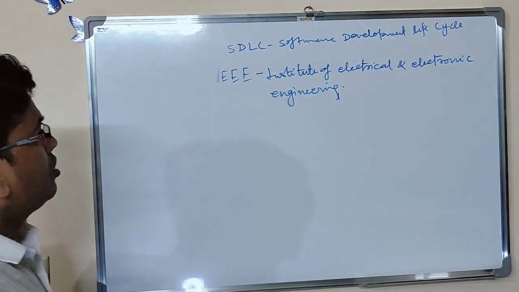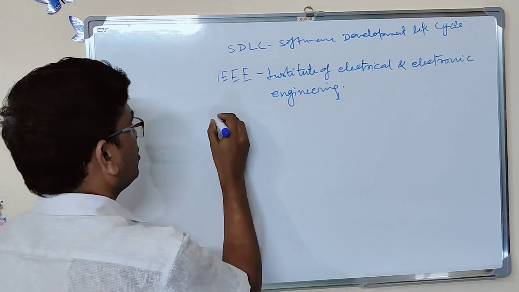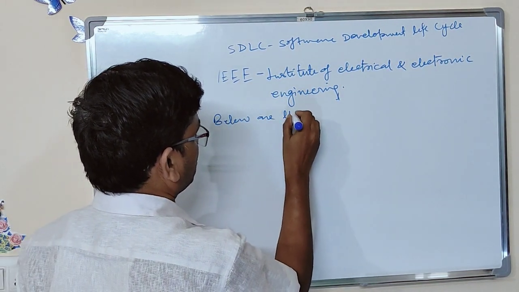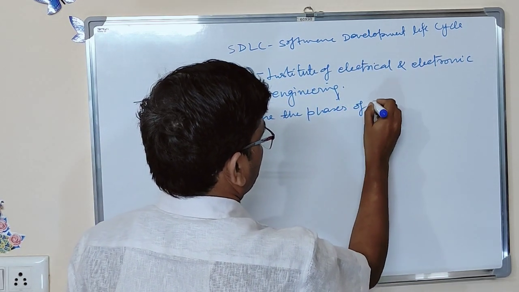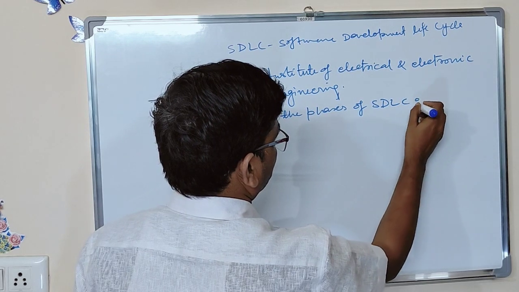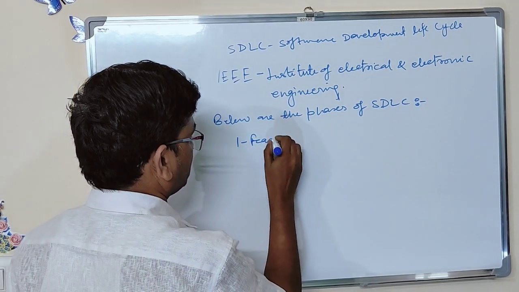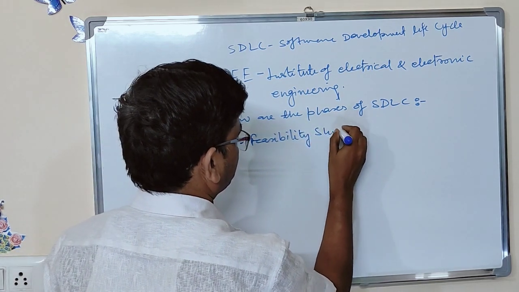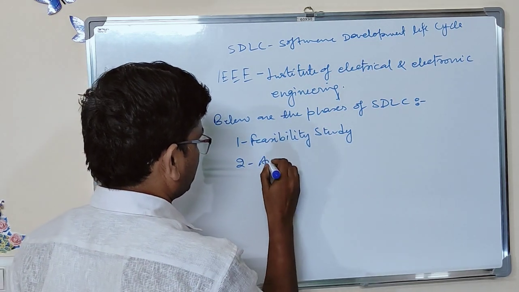Okay, so let's see the phases of SDLC. Below are the phases of SDLC. First phase is feasibility study. Second phase is analysis.